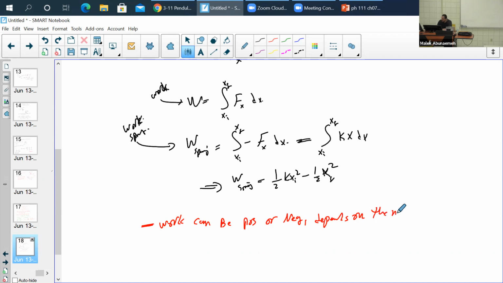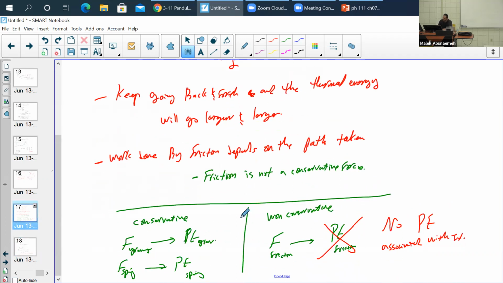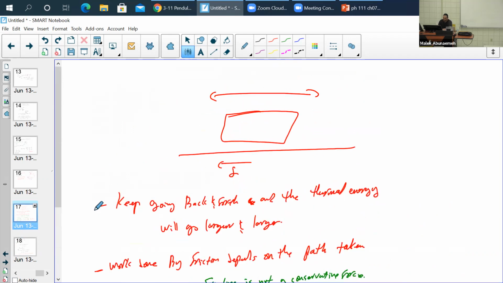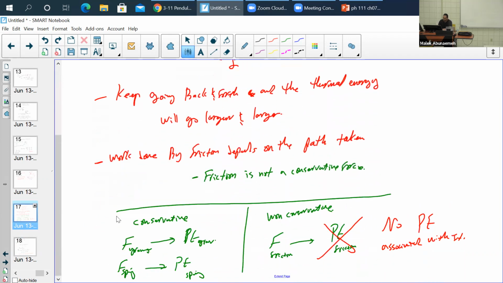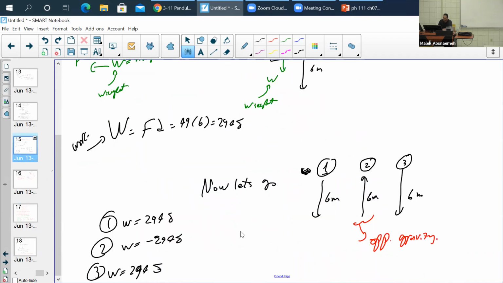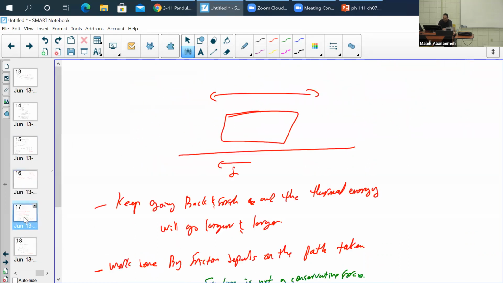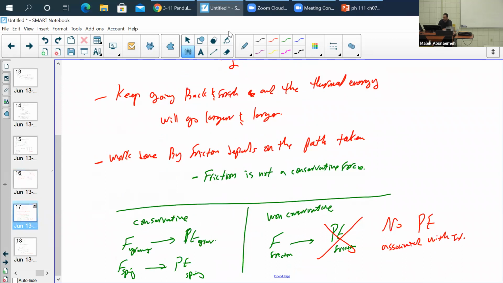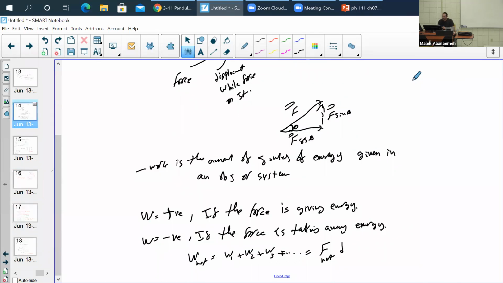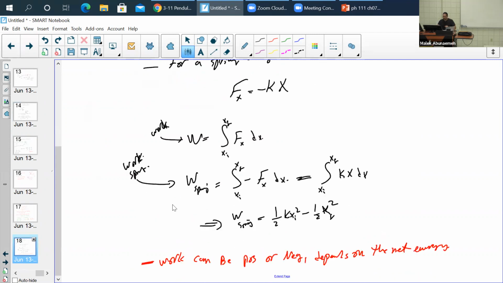On the net energy, it would be positive if the force is giving energy, and negative if it's taking away energy.